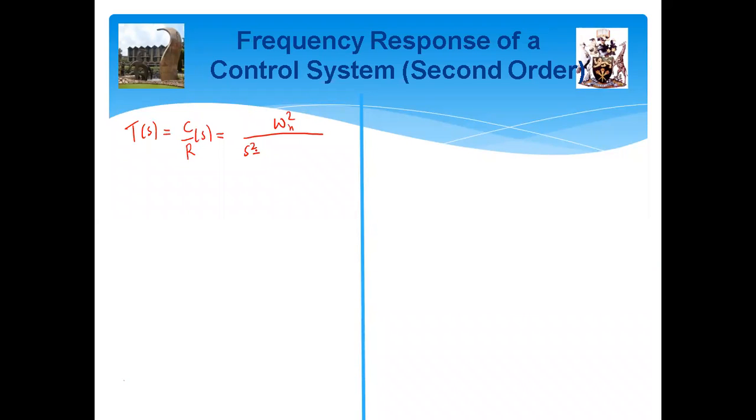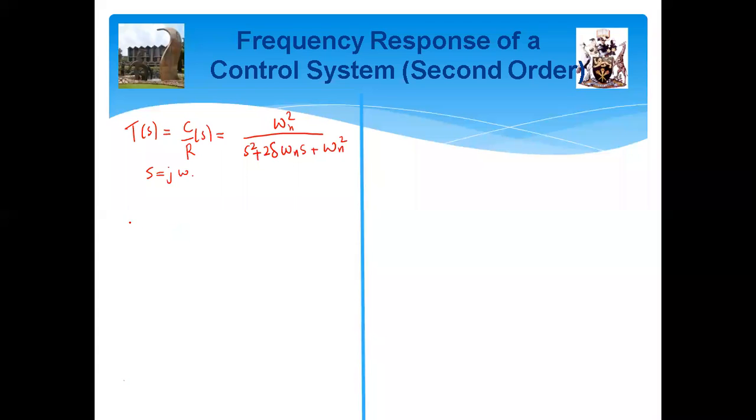Here we have S squared plus 2 times the damping ratio times the natural frequency times S, plus the natural frequency squared. Remember this standard form of the second order system. For us to move from the S domain to the frequency domain, remember we said we just need to substitute S as that.